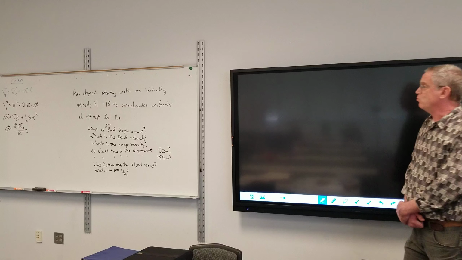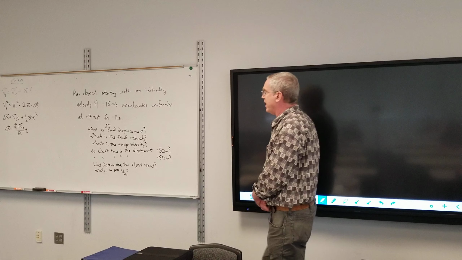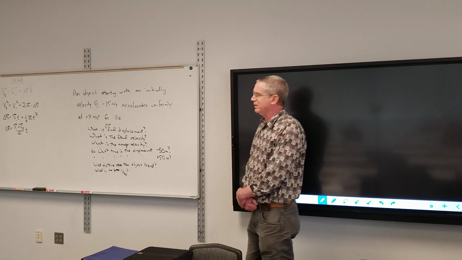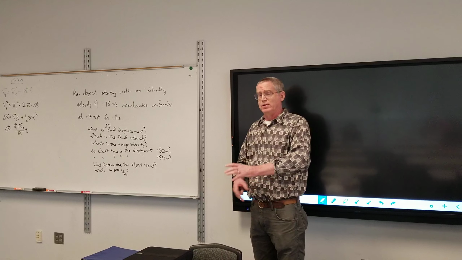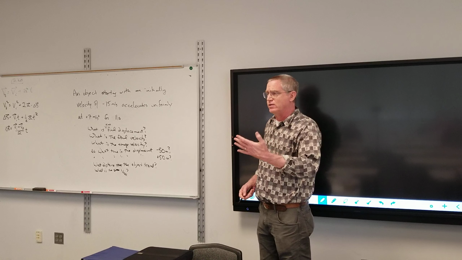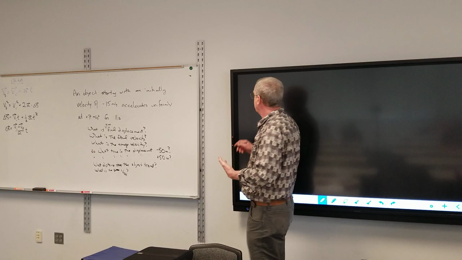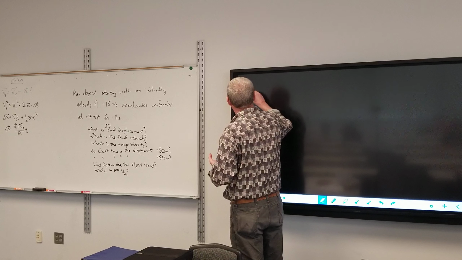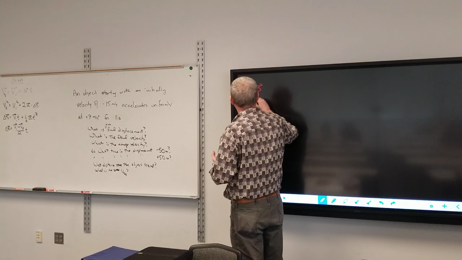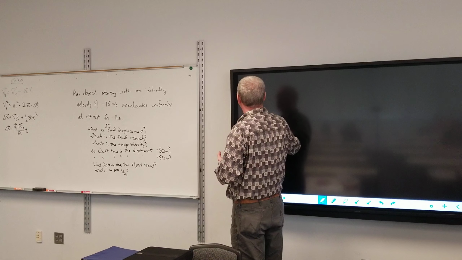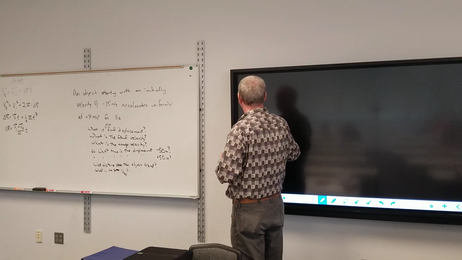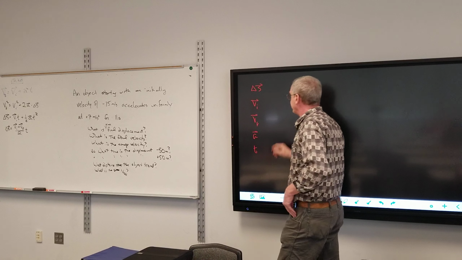All right, I'm recommending that, since you're trying to find final displacement, well, regardless of what we're doing, let's set up the 5 quantities, figure out what we know to start with. So I have displacement, initial velocity, final velocity, acceleration, and time, which is the big 5.